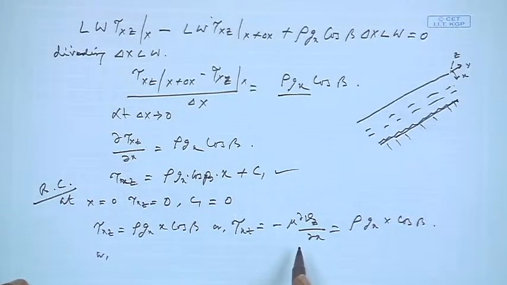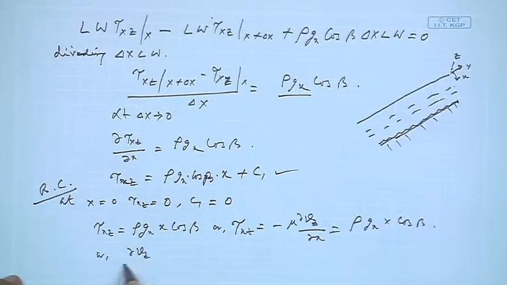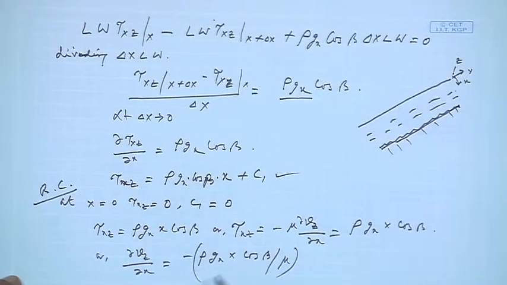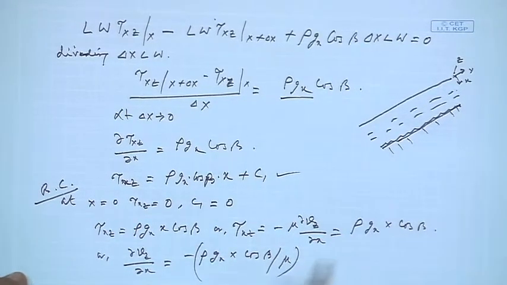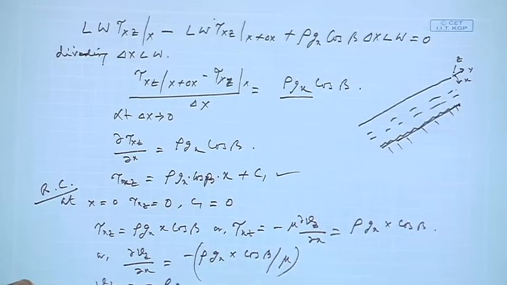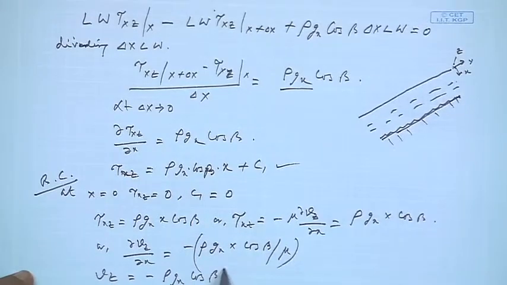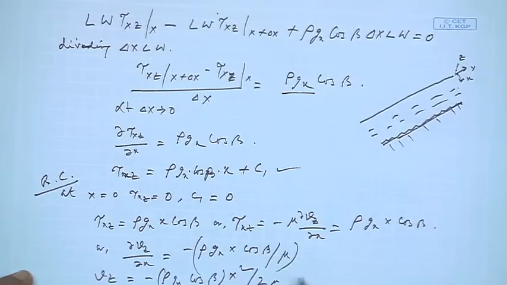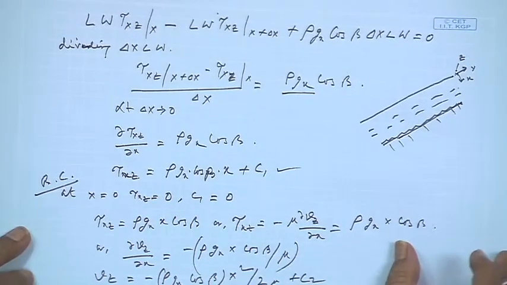So we can say that del vz del x equals minus rho g x x cos beta by mu. On integration, vz equals minus rho g x cos beta into x squared by 2 mu plus C2.